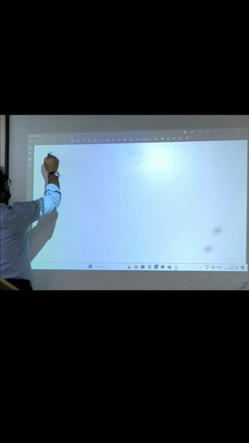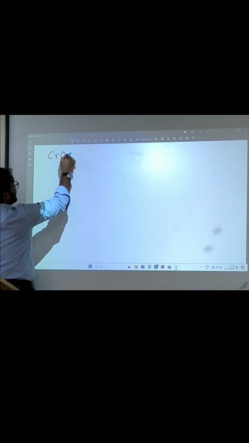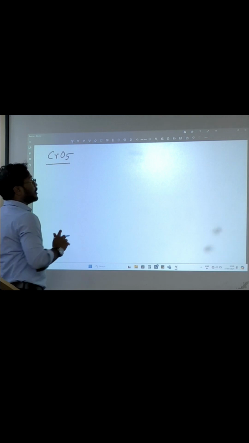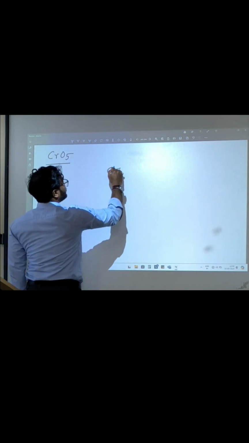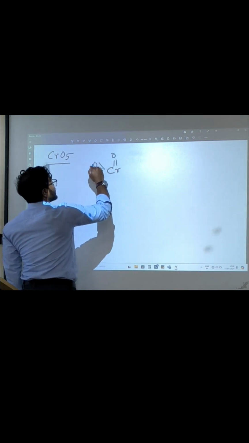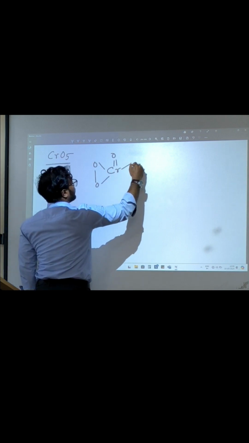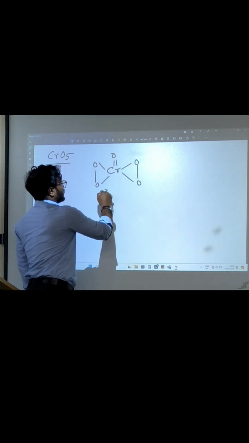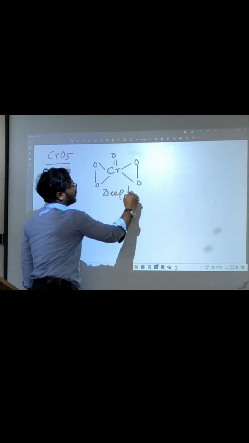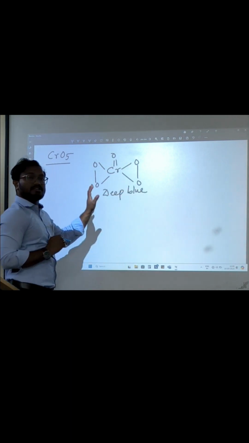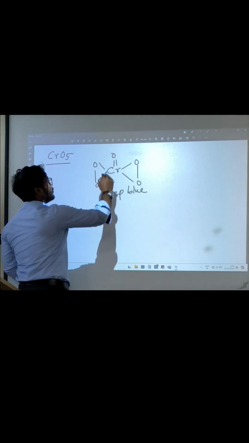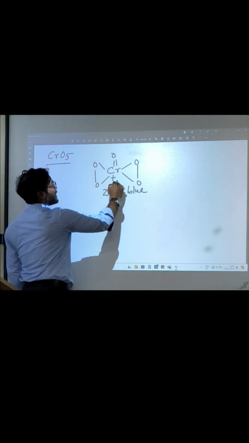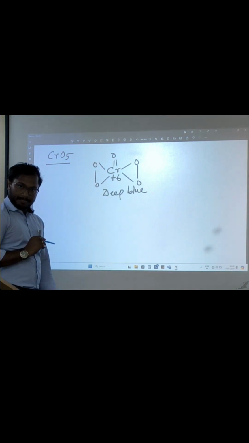Let's find out for CrO5. It has a butterfly structure, a very beautiful structure, deep blue in color. In case of CrO5, we can find 2 bonds, 3, 4, 5, 6. So chromium is at plus 6 oxidation state.